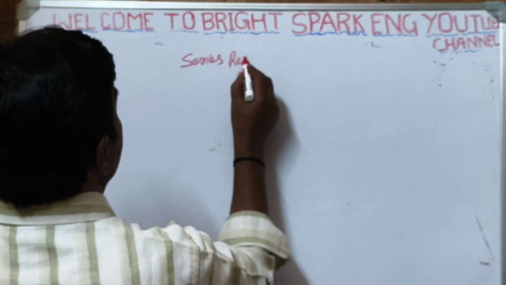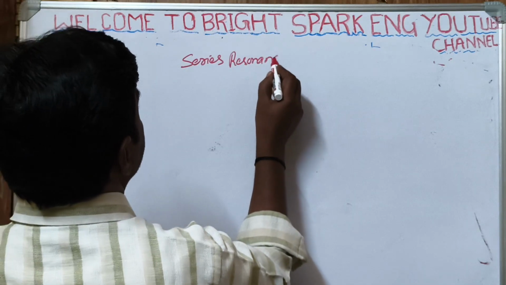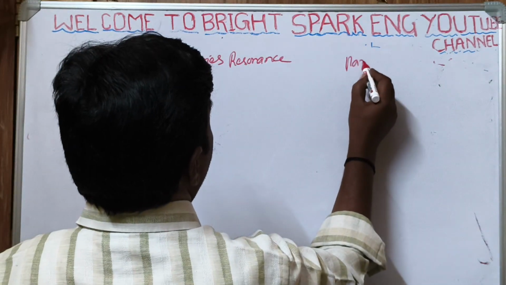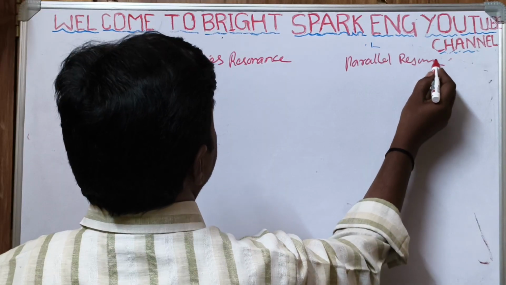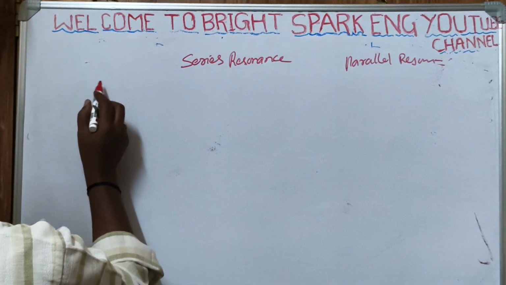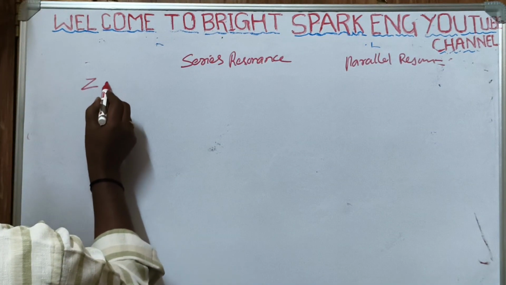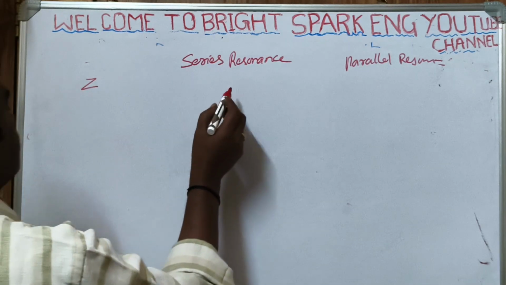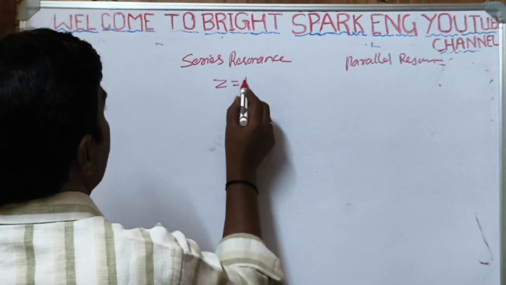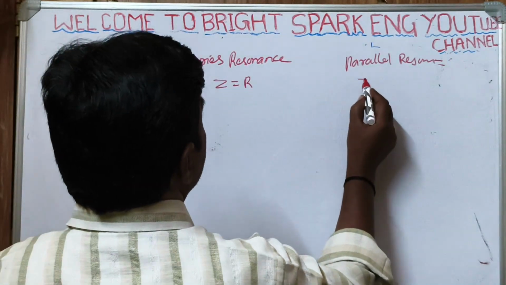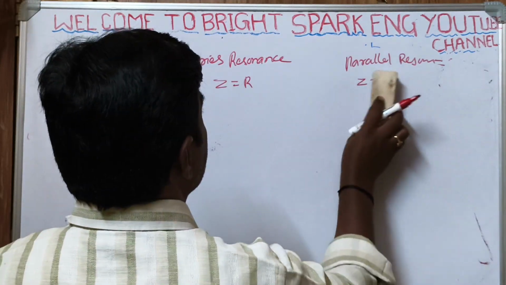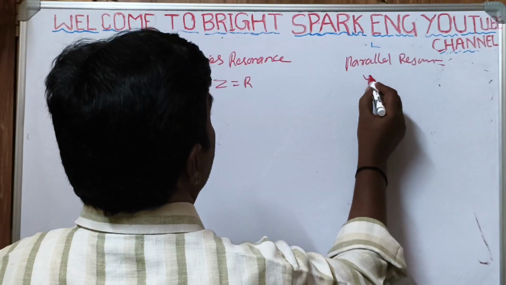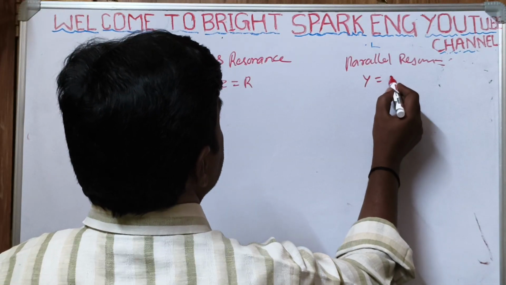There is the series resonance circuit, and this is the parallel resonance circuit. Here finally impedance Z is equal to R. Here admittance is equal to conductance.